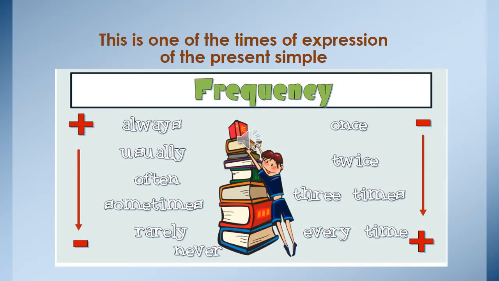This part is so important so that the student can identify and understand the present in frequent actions. For example, you can see there are frequency adverbs: always, usually, often, sometimes, rarely, never, once, twice, three times, every time.